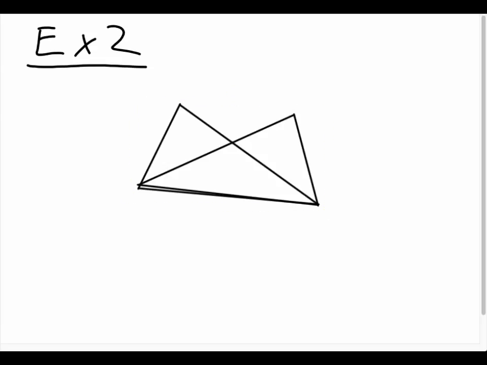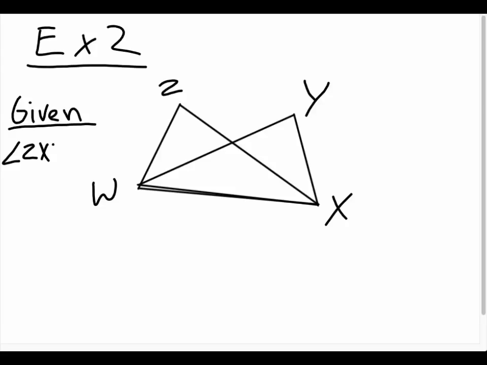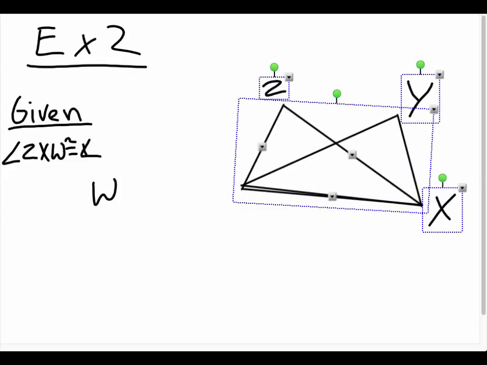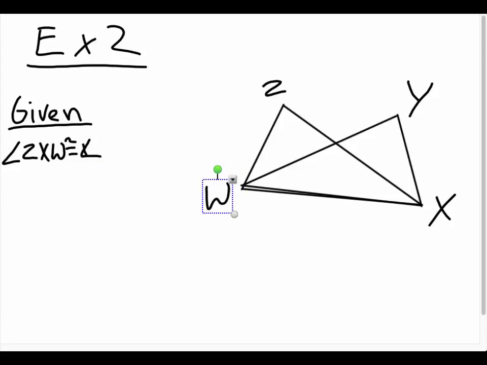Yeah. So for example number 2, we've got an image like this, and we've got W, Z, Y, and X, and we're told, using the common parts, that angle ZXW is congruent to YWX.